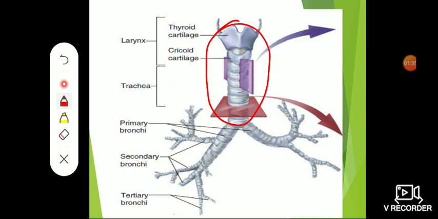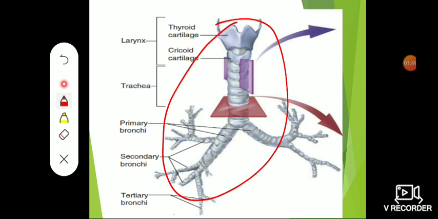This is the larynx, and the trachea, which divides into two primary bronchi. They subdivide into secondary bronchi and further into tertiary bronchi. This part is the conducting zone and takes no part in gas exchange, so whatever air remains in this part is not taking part in gas exchange.